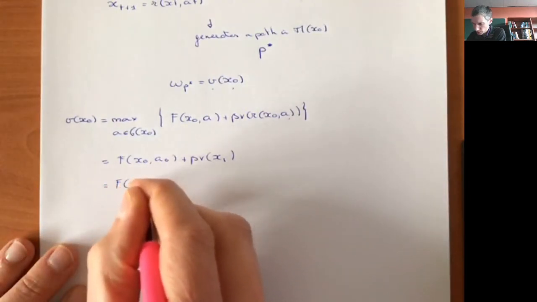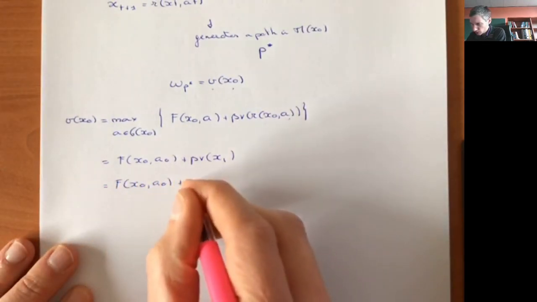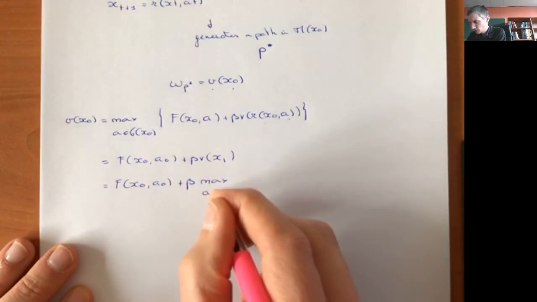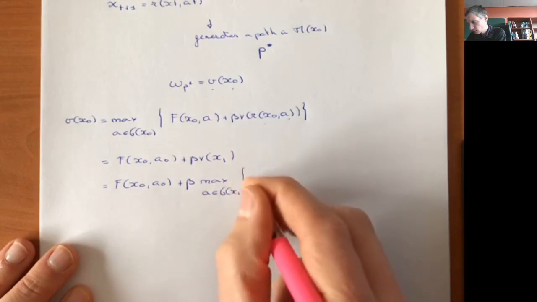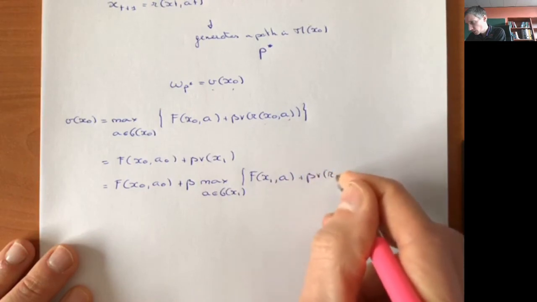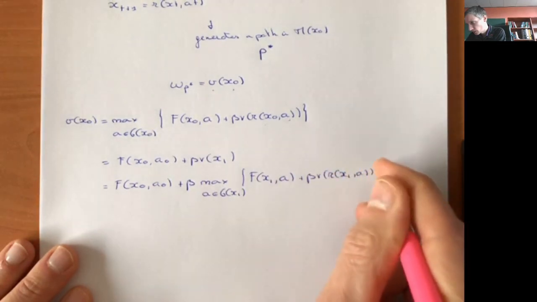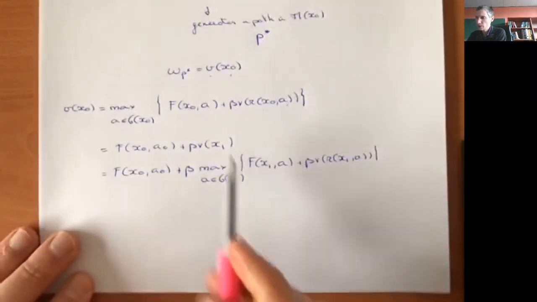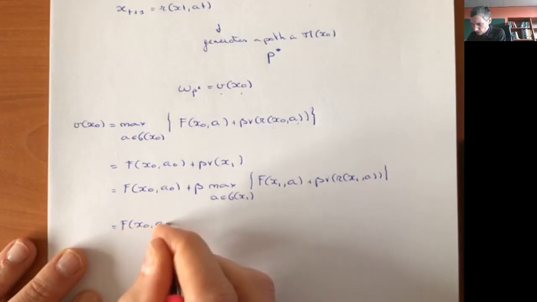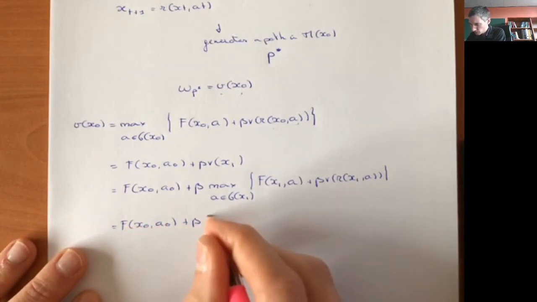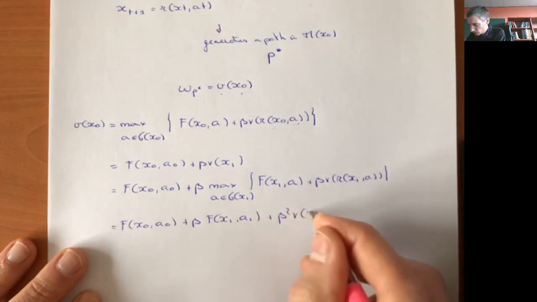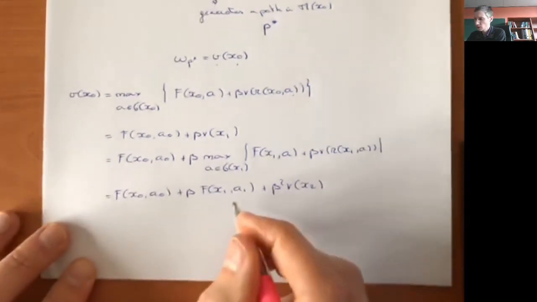And I'm going to substitute out again v as maximum over a of f x1 a plus beta v r x1 a. Okay, I know that A1 solves this problem, so this is equal to f of x0 A0 plus beta f x1 A1 plus beta squared v x2, and so on and so on.